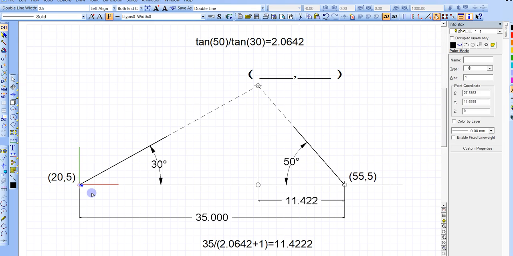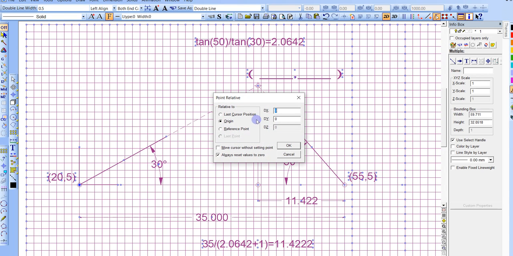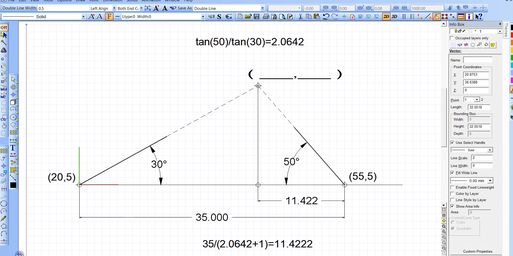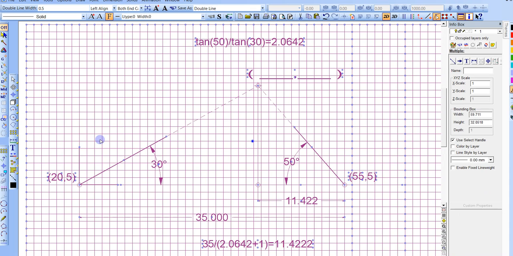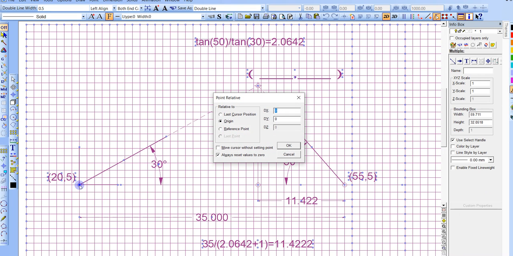So x, Control A, Control H, enter, and then point relative to the origin will go 5 to 20, tab 5. Didn't move. Control A, Control H, there, enter. Now go 20, tab 5.